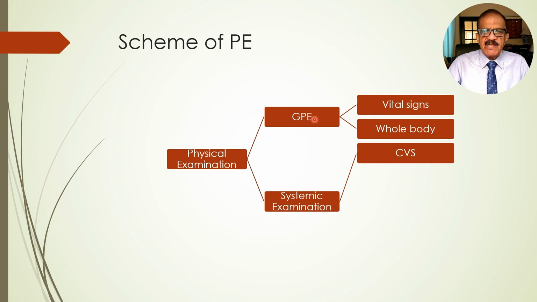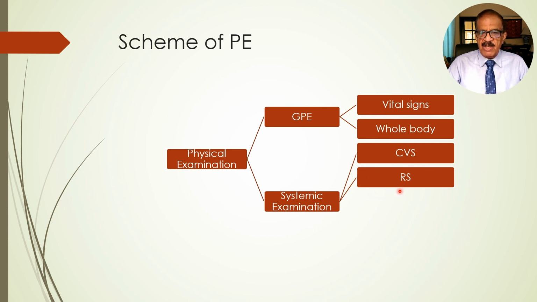In general physical examination, we just count the rate and rhythm, but here we examine it in more detail, which will be covered in CVS examination. Then we take blood pressure, examine neck veins, and come to the precordium. First we inspect the precordium, then palpate it, then percuss it, and then auscultate it. That completes examination of the cardiovascular system.